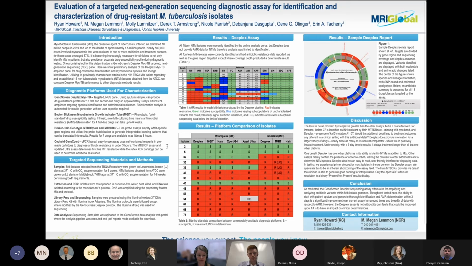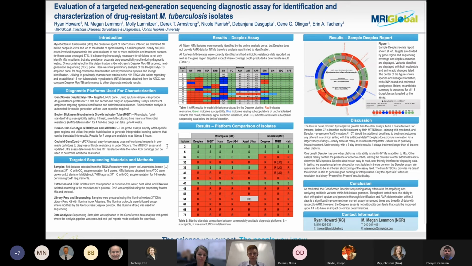So the last 2 are very, very quick, but give less information. 7 drugs for the line probe assay, only 1 drug for Gene Expert, and I believe 4 drugs for the MGIT tubes.